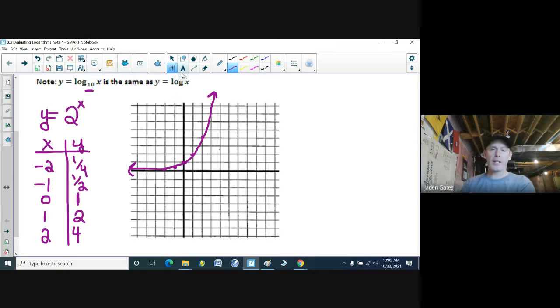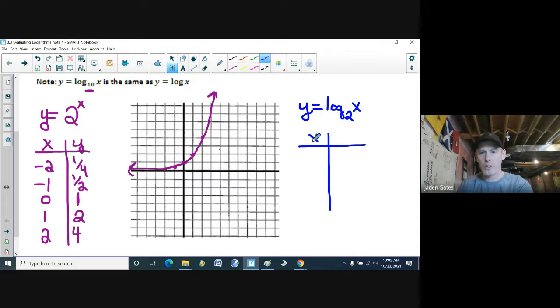Now, when I look at the log function, the inverse of this, again, the base is 2. So first of all, I'm going to write it as y equals log, the base is 2, and we're going to have an x here. What that inverse function means is that when I compare it to y equals 2 to the power of x, we flip-flop everything.